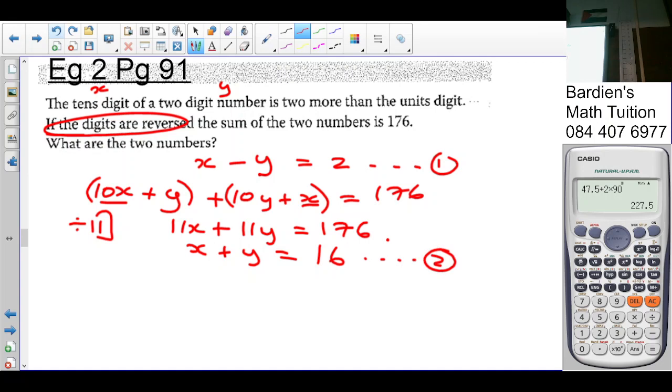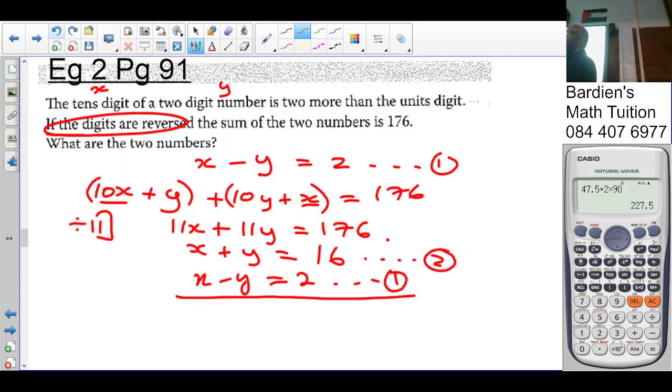So at this point, I can do either the substitution method or elimination. The elimination method is going to be the easier method. So now we're going to add equation 1 and equation 2. Do we need to change the signs on the line here? No? Why? Because the y minus y cancels. So I get 2x equals 16 plus 2, 18.